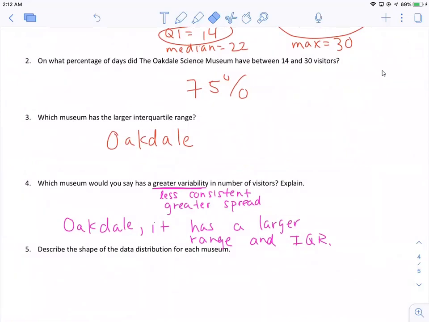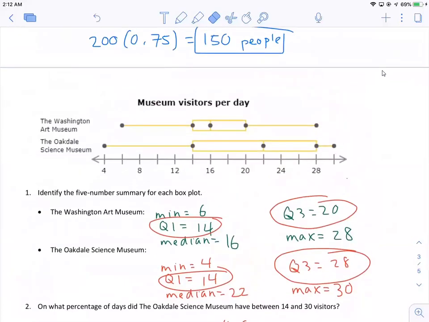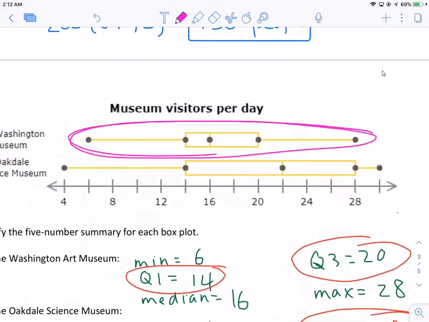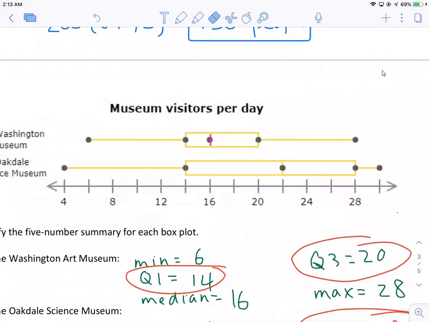Right, and lastly, describe the shape of the data distribution for each museum. I would say that Washington Museum looks pretty symmetrical to me. The median looks to be pretty close to right in the middle. Right, the whiskers at both ends look to be about the same length.